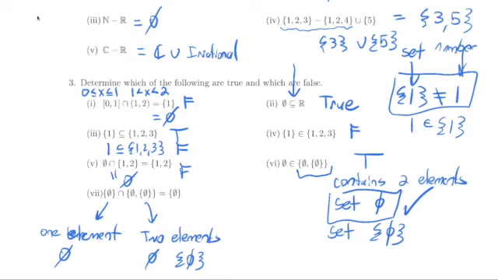When I intersect those things, it's going to say, what are the elements that are in both of these sets? It says this is in the first set, and this is in the second set. So when I take this intersection, am I going to get the set containing the empty set, or am I going to get the empty set?